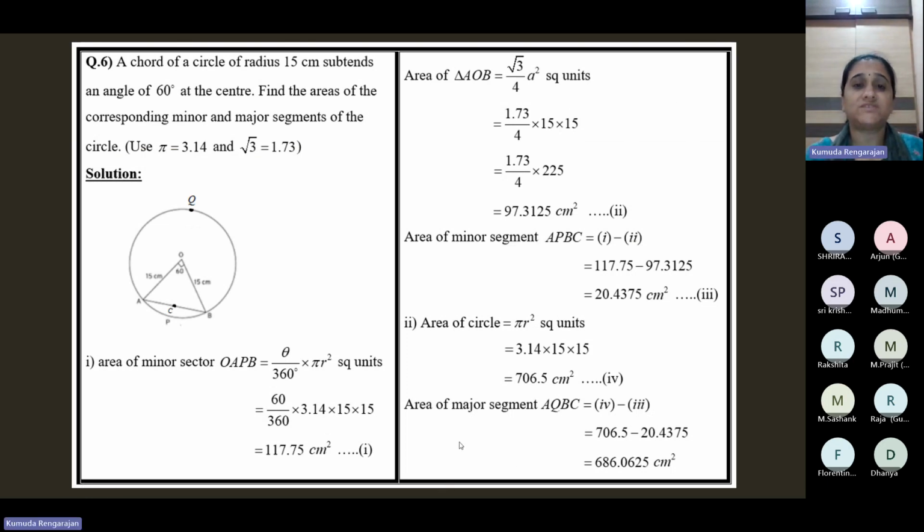So to find the area of the segment, you have to find the area of the corresponding sector, area of triangle. The difference will give you the area of the minor segment. Then the area of the circle minus the area of the minor segment will give you the area of the major segment.